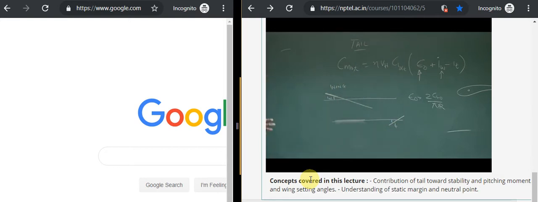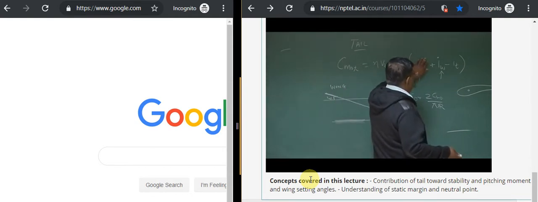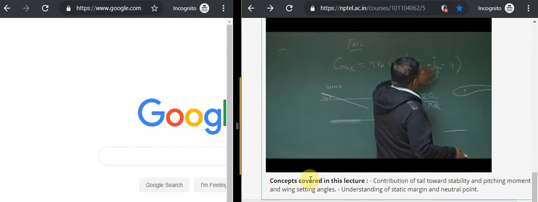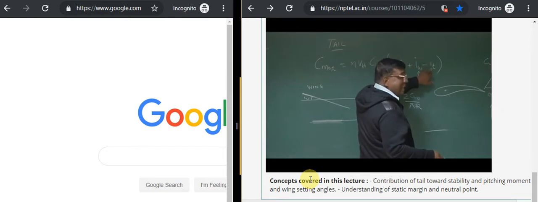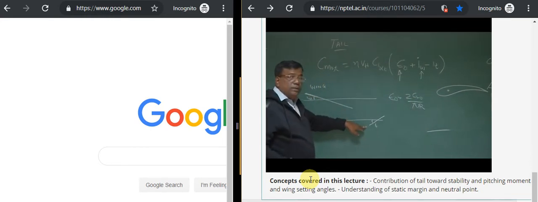From here also you see all are positive. For the time being, even if I don't include that, this is a positive number, a small number. But if Iw is 0 and It is negative, that is like this, then this gives a positive Cm naught tail. This is the case when Iw is 0.